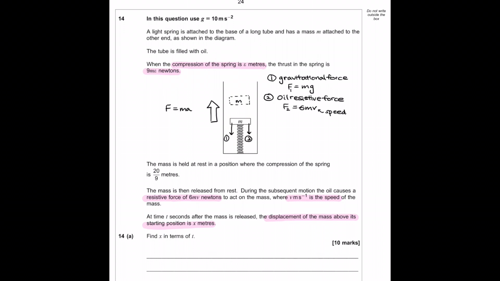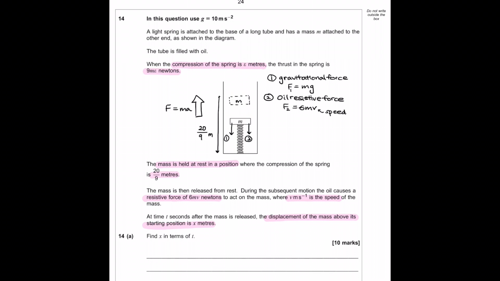Whenever it's in equilibrium, so the force is balanced and nothing is moving, the mass is held at rest at a position 20/9 meters above the bottom. Imagine this dotted mass that I have drawn is the equilibrium position. Then this height, whenever it is in equilibrium, is 20/9 meters.